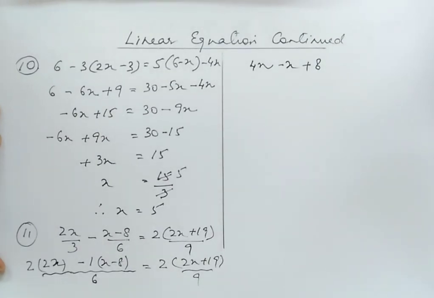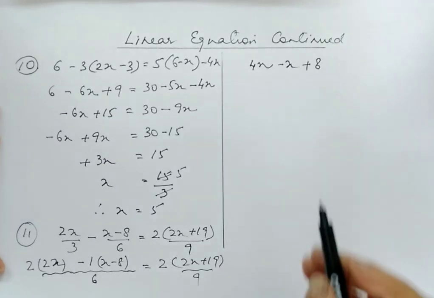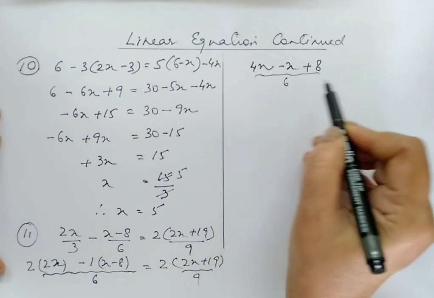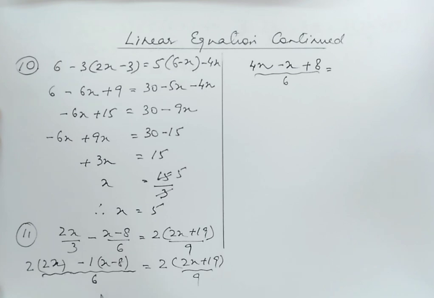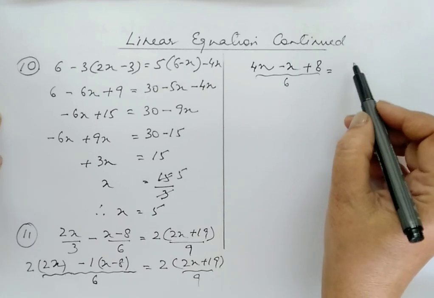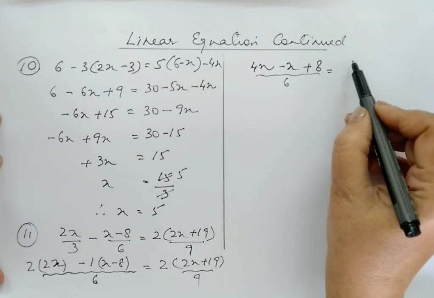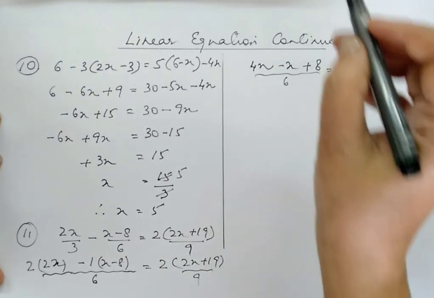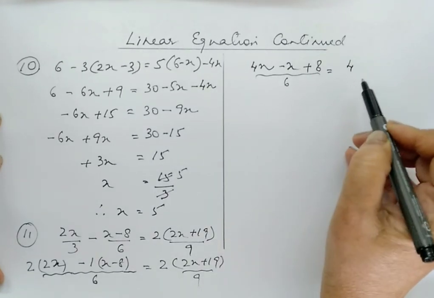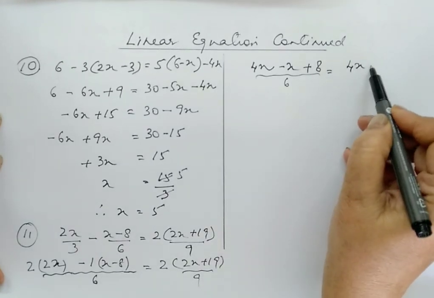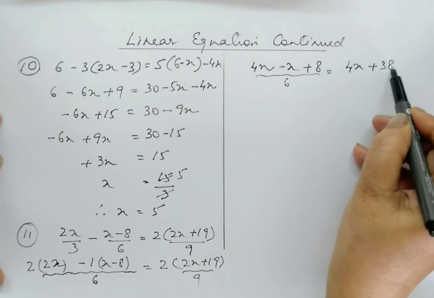Alright guys, so have you understood? Now what next? We can't forget about writing a 6 down, as it is very much there. Here we can write the same thing over here, but the difference would be that we need to multiply this. So 2 into 2 is 4x, and 2 into 19 is 38, correct?